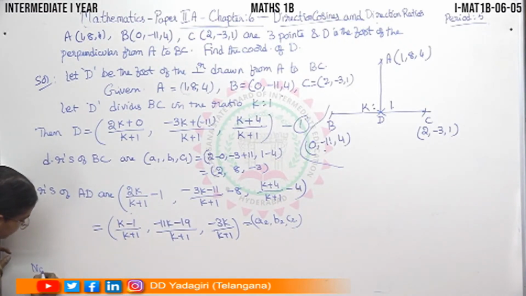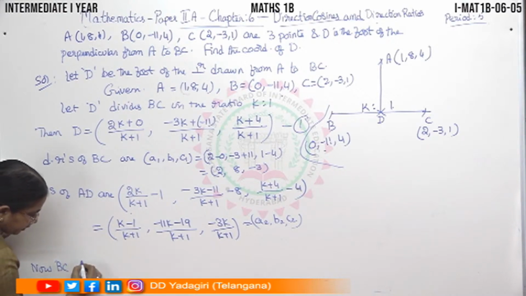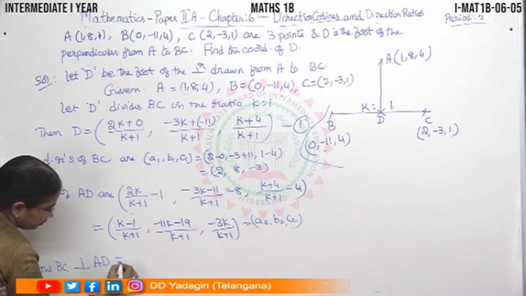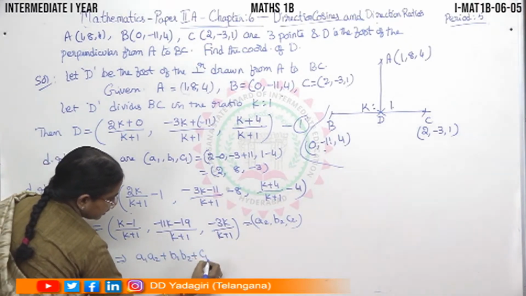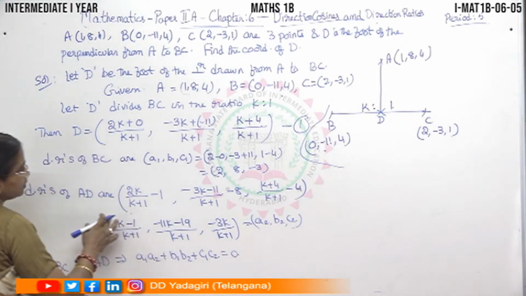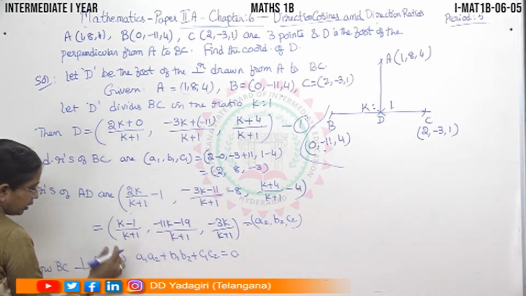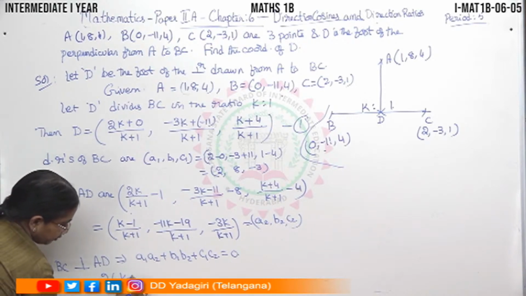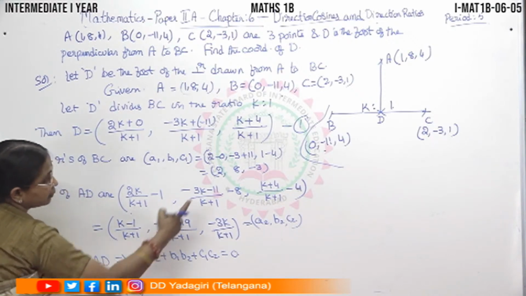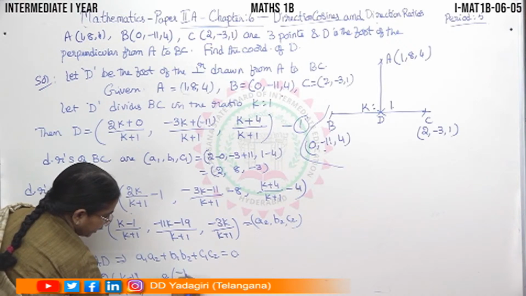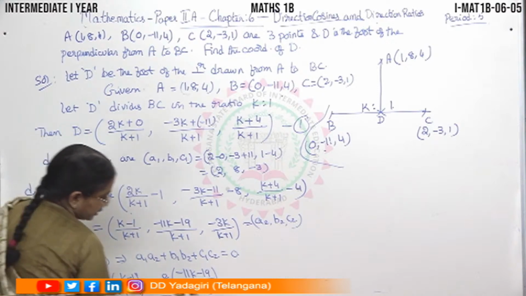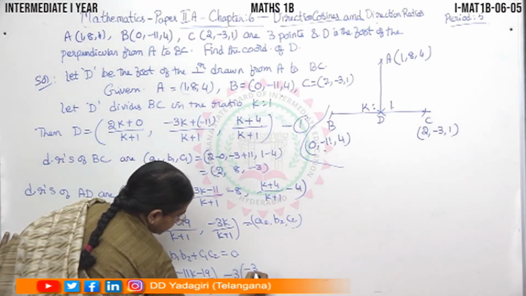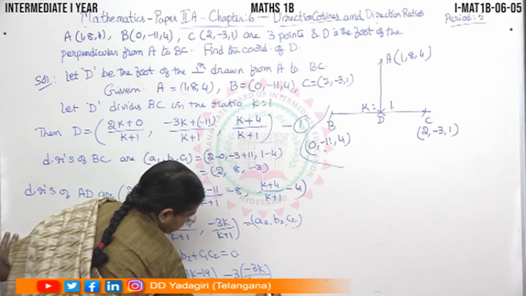Now BC is perpendicular to AD. So it implies a1a2 + b1b2 + c1c2 = 0. Now just multiply. a1a2 means 2 into (k − 1)/(k + 1), plus 8 into (−11k − 19)/(k + 1), and then minus 3 into (−3k)/(k + 1) is equal to 0.